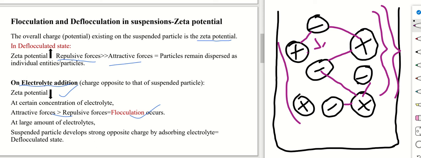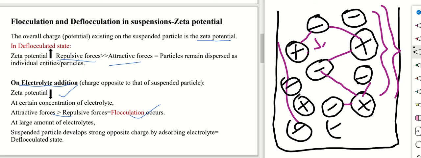It means there are more oppositely charged particles. Rather than formation of flocculation or floccules, the particles will undergo repulsive forces. Let's see how.